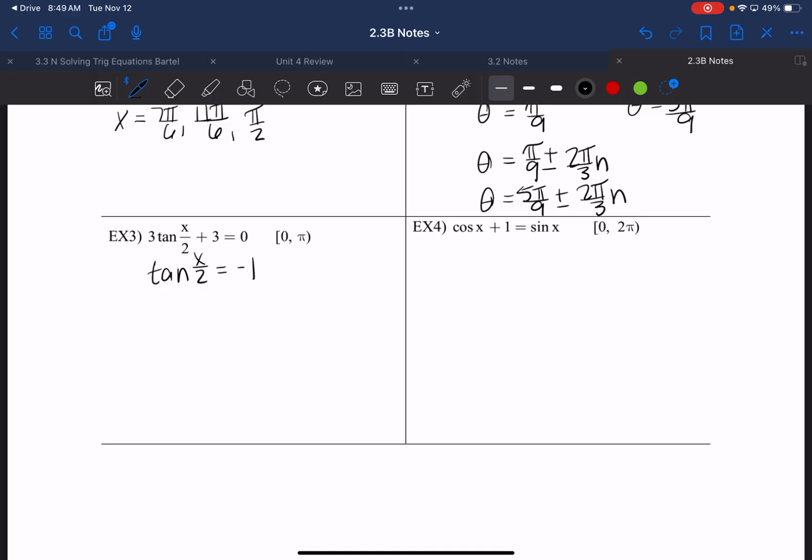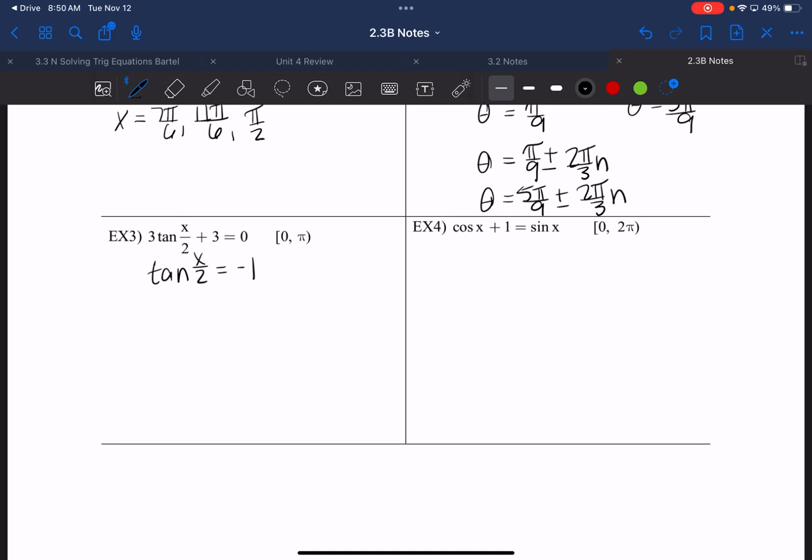So I'm asking, where is tangent negative 1? Well, tangent is y over x, right? So is there anywhere where that happens? Quadrants 2 and 4, because it's negative.